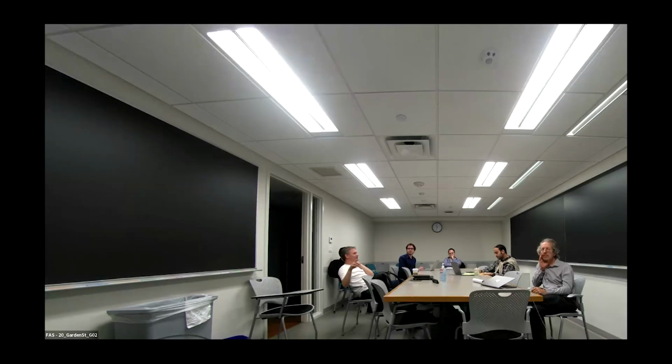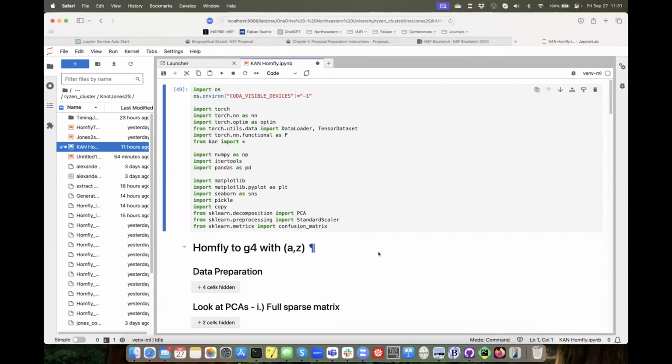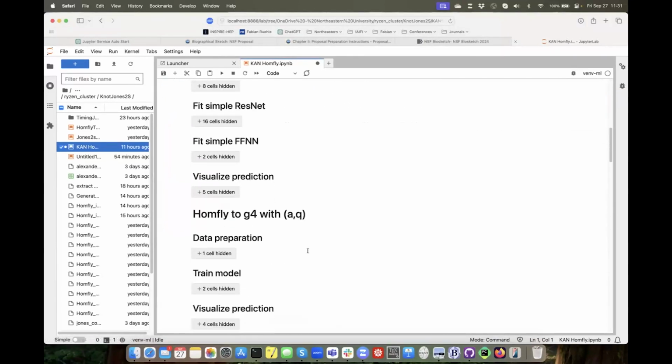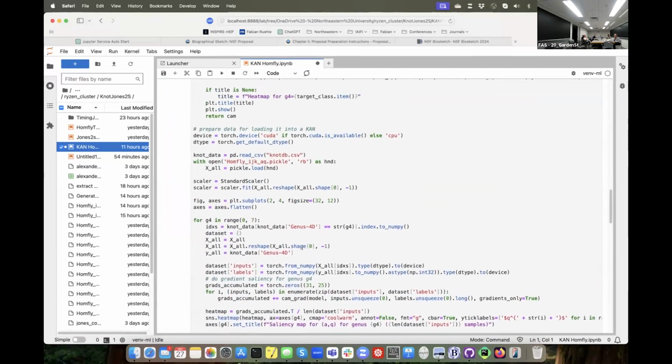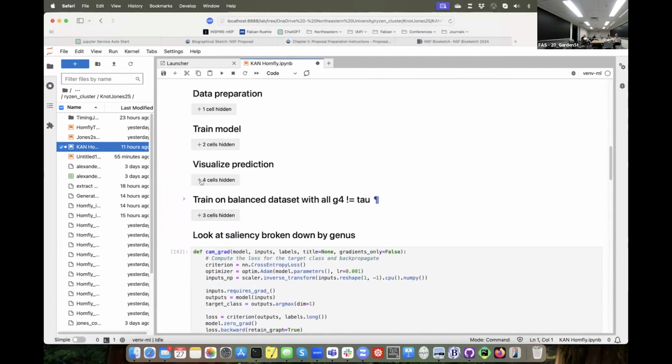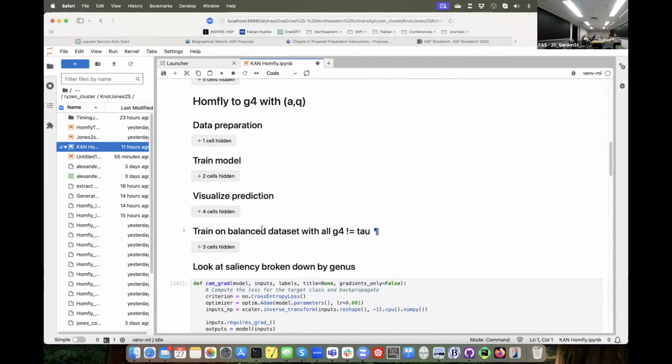Let me share it. Not the confusion matrix, but a much simpler plot, where on particular nodes you ask, out of 10 tries, how often does it predict the correct genus?